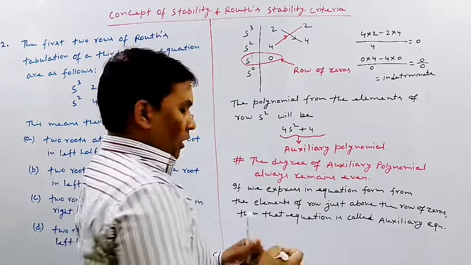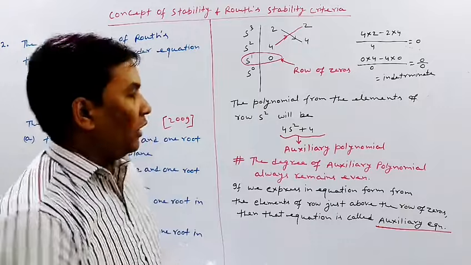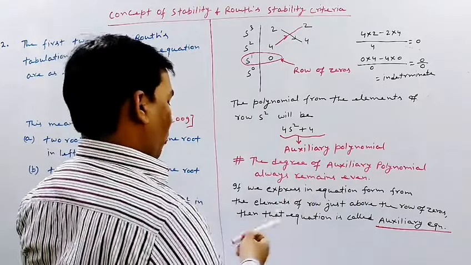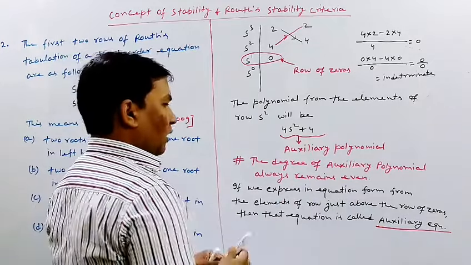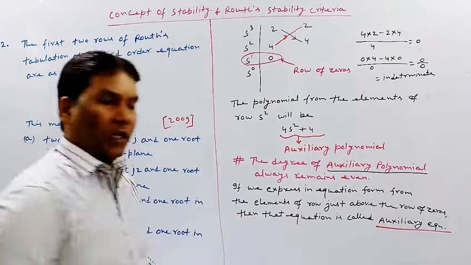Okay, now I think it is clear to all of you what is auxiliary equation and auxiliary polynomial, and what is the difference between them.